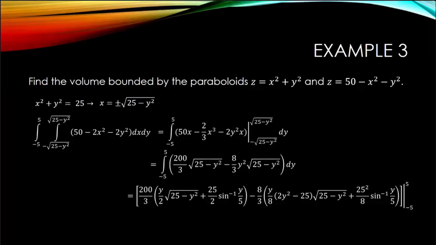Being extremely careful with the algebra involved with substituting my limits of integration and watching my signs, I end up with a result of 625 times pi. Note, there are steps I'm leaving out, but they involve algebra only.